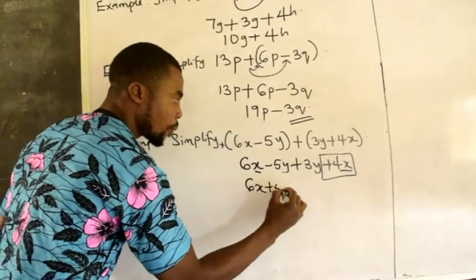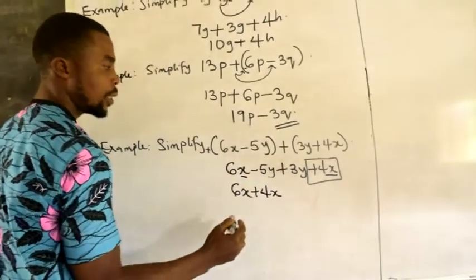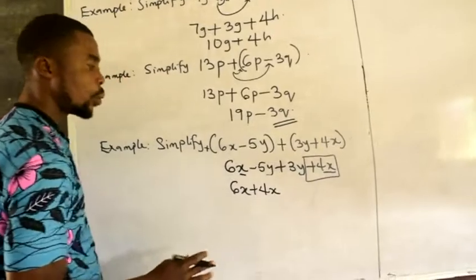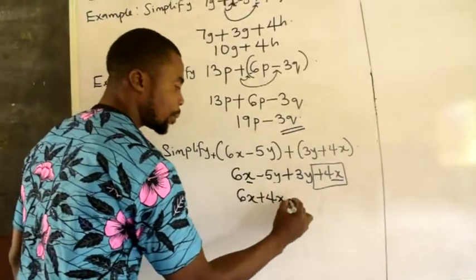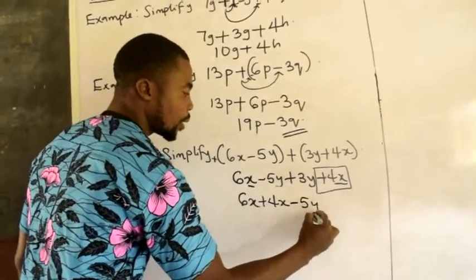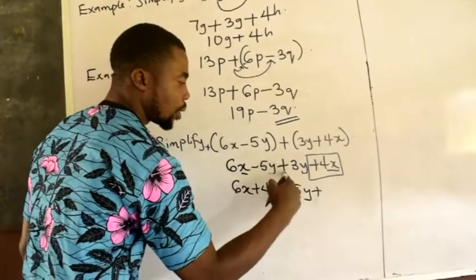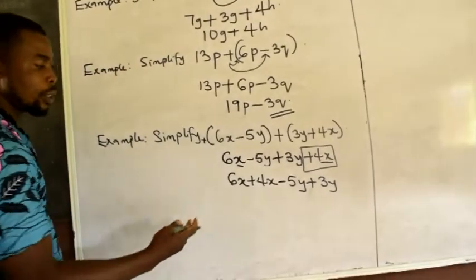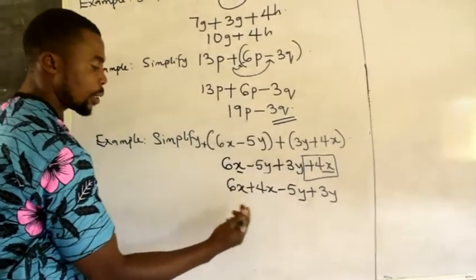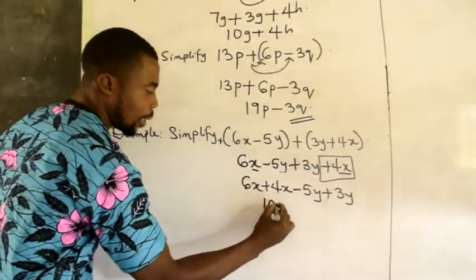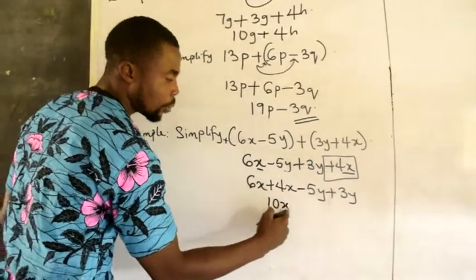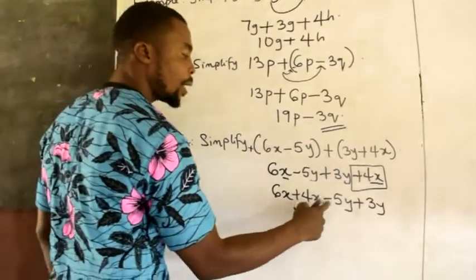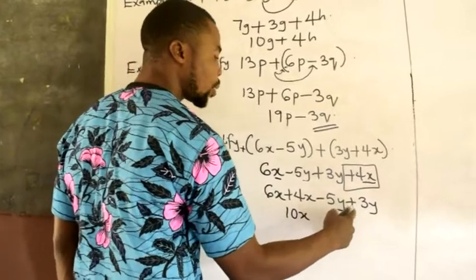That is plus 4x. And is there other x? No. Followed by y, that is minus 5y plus 3y. Now we can do our addition. X will add x, that is 10x. 6x plus 4x give us 10x minus 5y plus 3y.